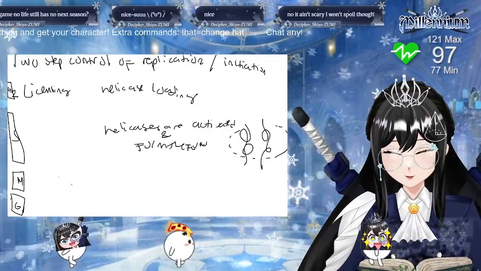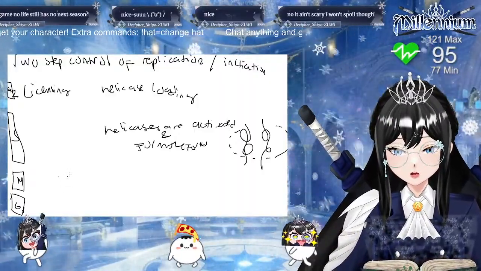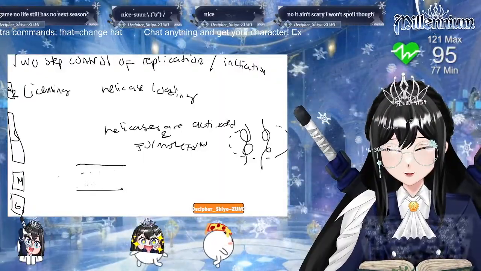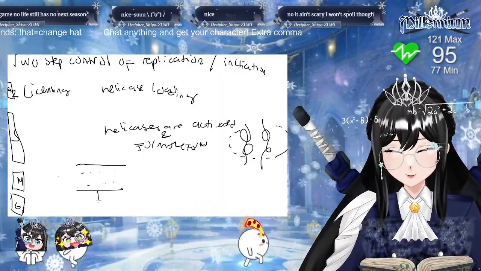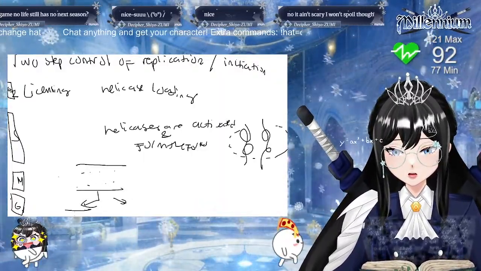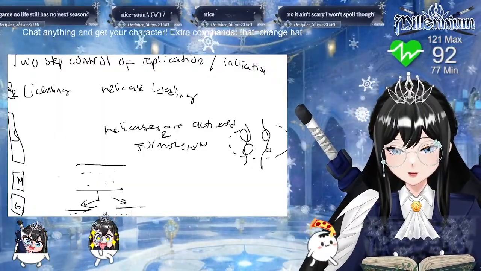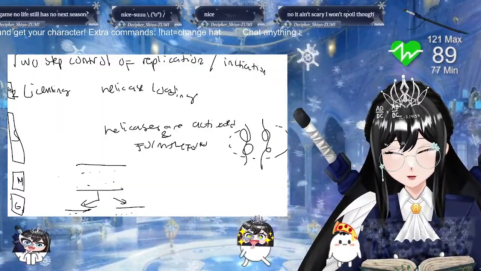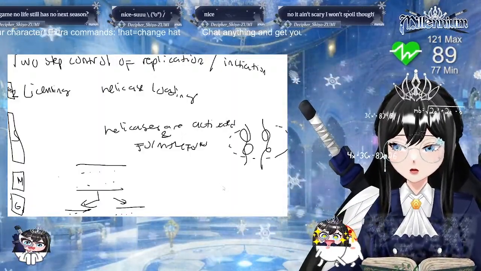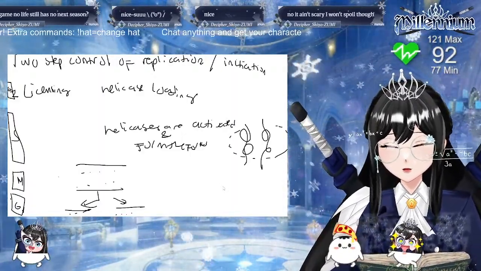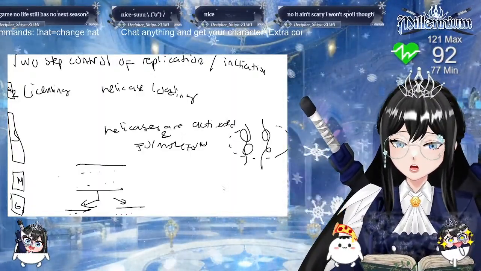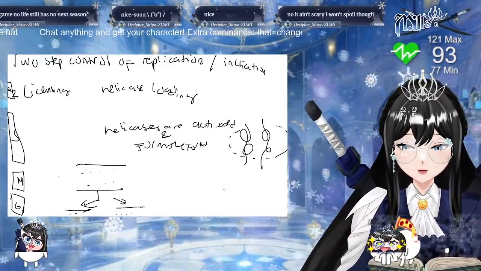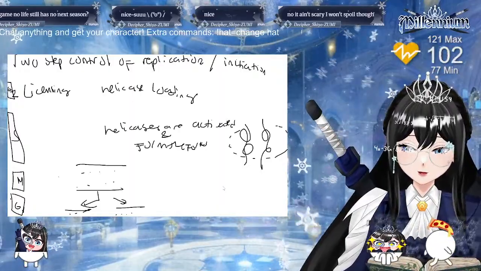Okay, and then you split them up, like that, into line, line, and now you start. Note, condensins compact the DNA of the sister chromatids. They just have different functions, but just remember, helicase loading is the licensing, and then helicases are activated after.